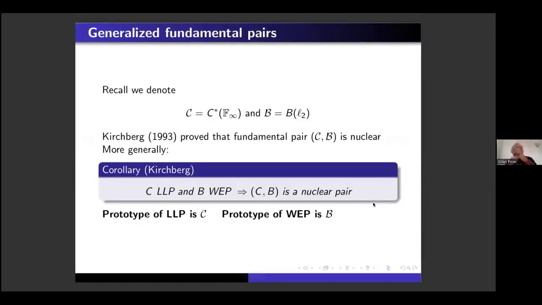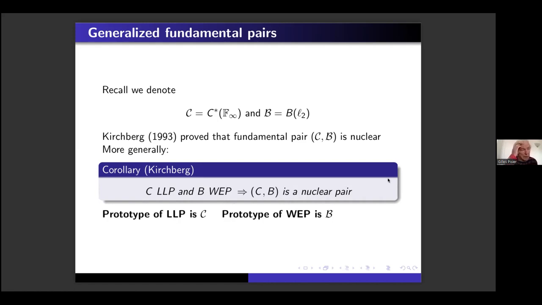So recall that we've denoted script C and script B for what I call the fundamental pair. And I remind you that, this is Kirchberg's fundamental theorem, the pair script C, script B is nuclear. More generally, what is true is that anytime you have a C which is LLP and a B which is WEP, then the pair is a nuclear pair.